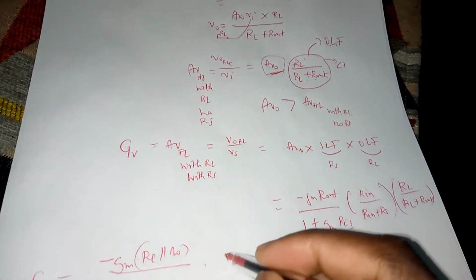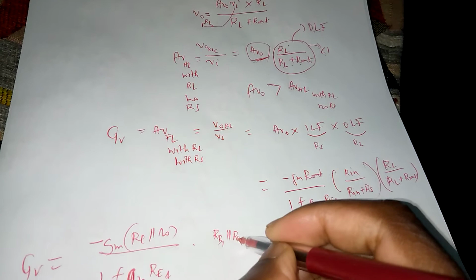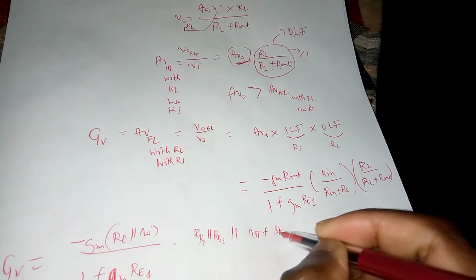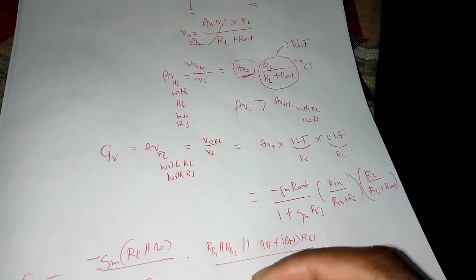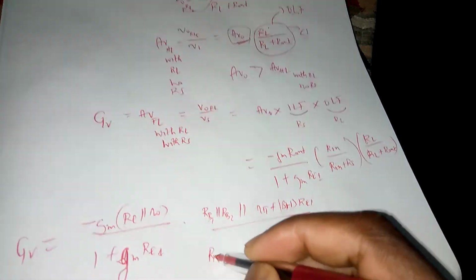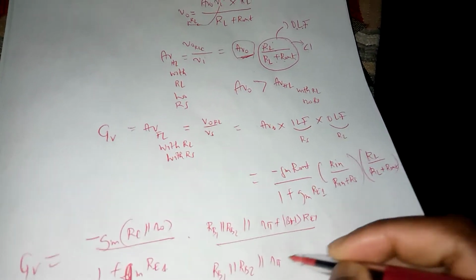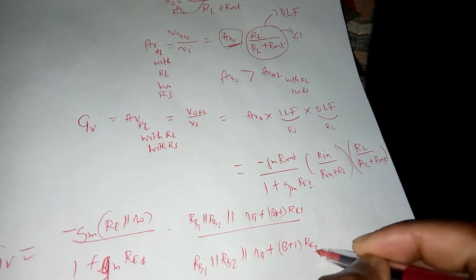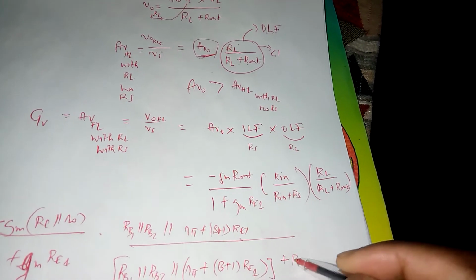All of it multiplied by R in, which we know is RB1 in parallel of RB2 in parallel of R pi plus beta plus 1 RE1. All of that divided by RB1 in parallel of RB2 in parallel of R pi plus beta plus 1 RE1, all of this plus RS, of course.